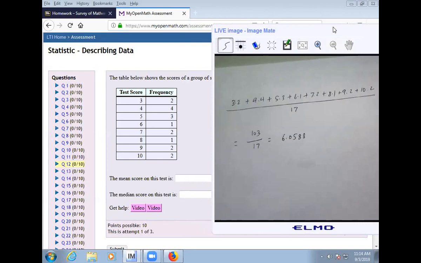Here's the thing. One way you can find this is to just write down the first column: 3, 3, 4, 4, 4, 5, 5, 5, 6, 7, 7, 8, 9, 9, 10, 10. That way you can write your data, right?